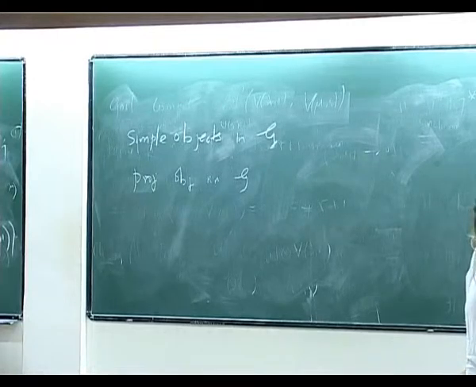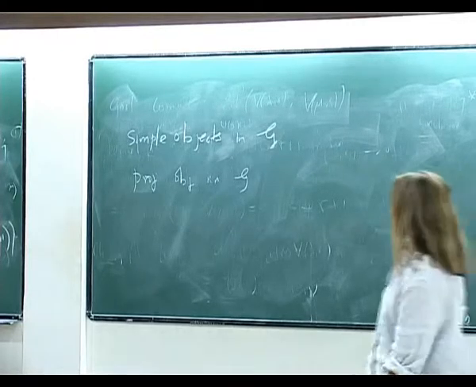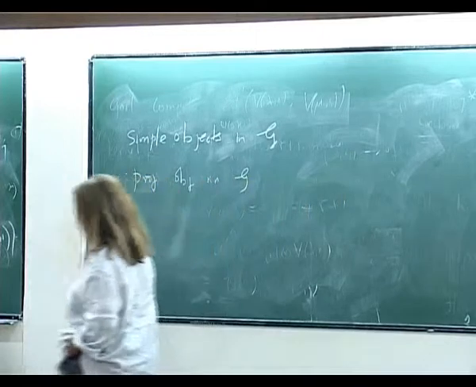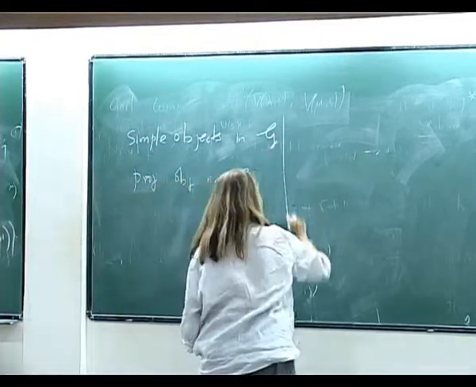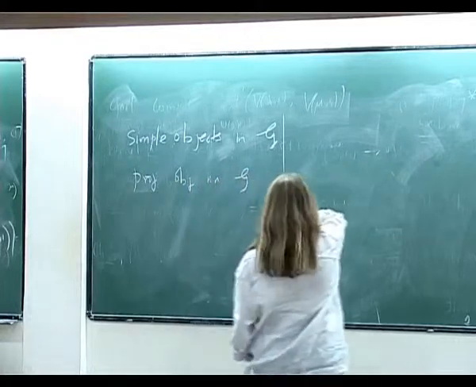When you're doing category O and all kinds of other things, there's always this thing called a truncation functor. We'll have many kinds of truncations, but first let's define the following.